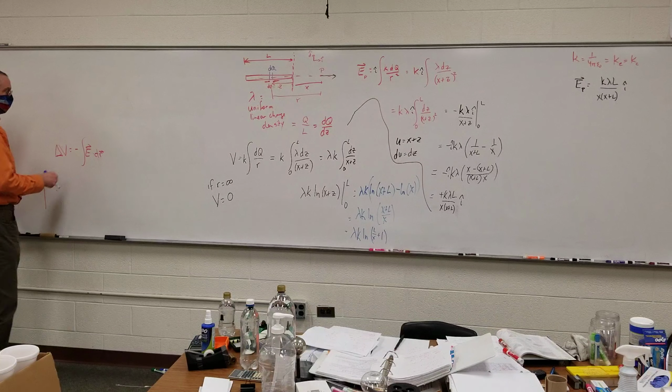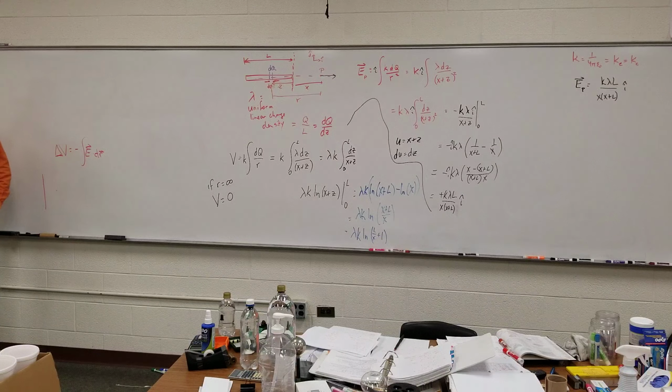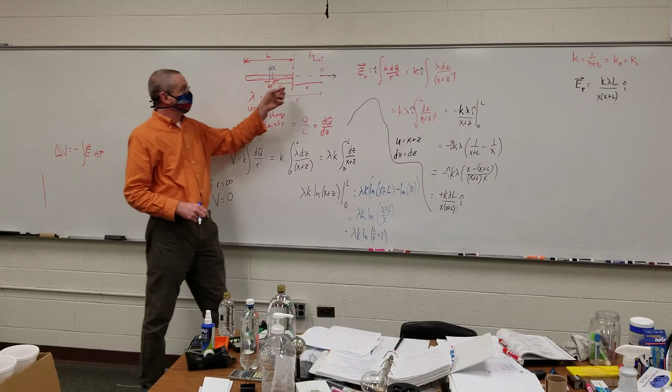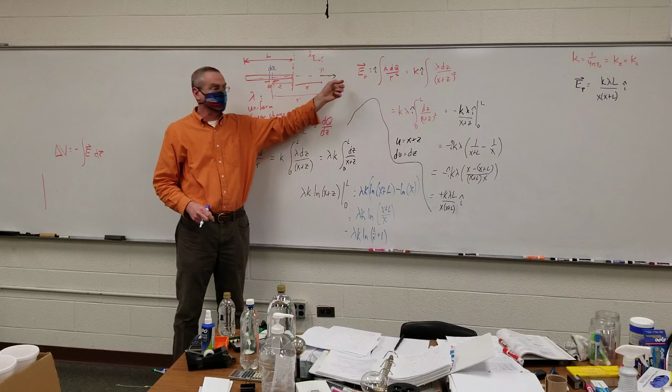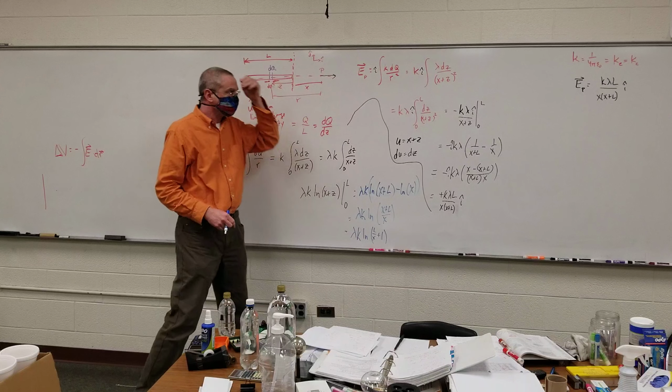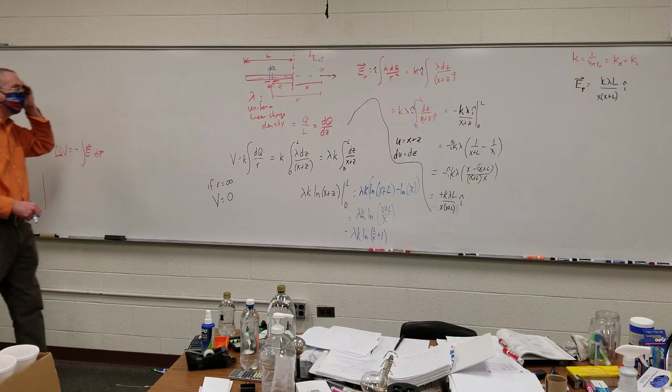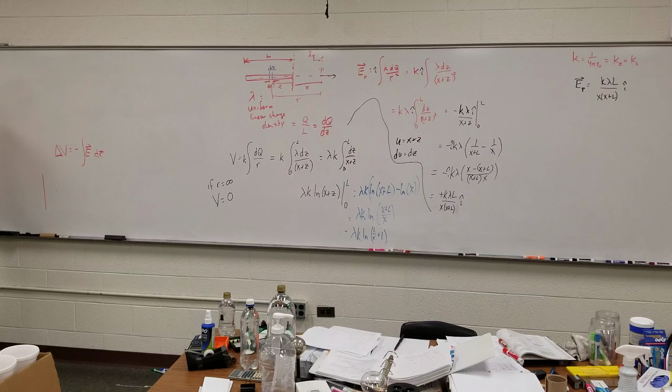as I'm integrating here, it's E dot dr, and the question is, what exactly is dr? Well, this r is a vector from my charge to where this point is. So what's my electric field? There it is.